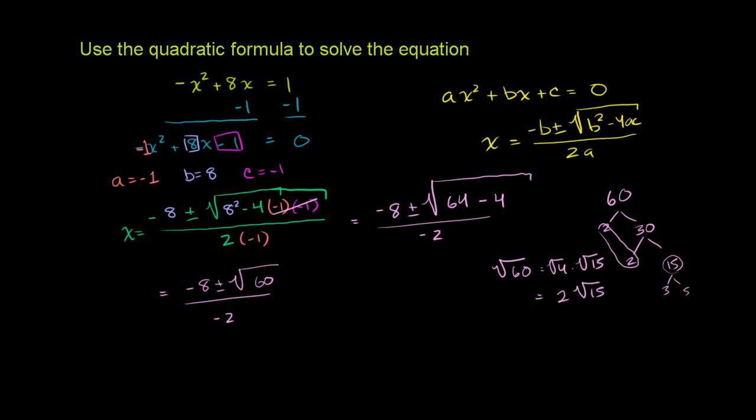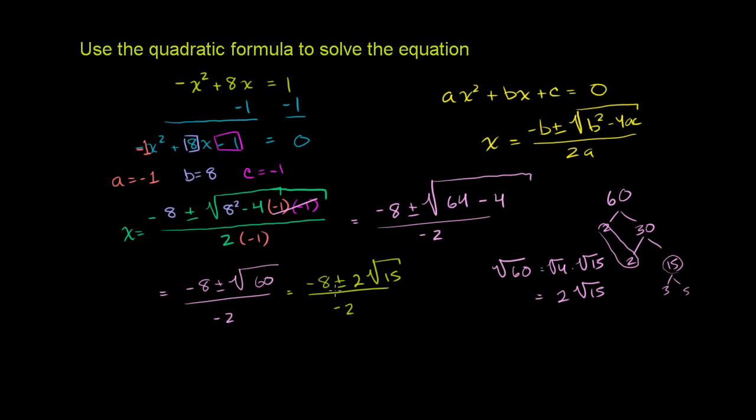So we can rewrite this expression right here as being equal to negative 8 plus or minus 2 times the square root of 15, all of that over negative 2. Now, both of these terms right here are divisible by either 2 or negative 2. So let's divide.